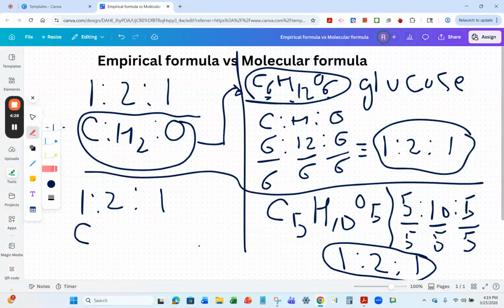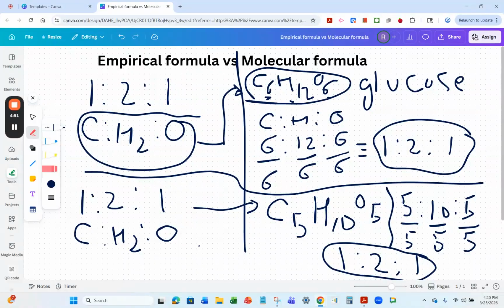And what does it mean? For this molecular formula, what will be my empirical formula? Same, CH2O. Yes, different molecular formulas can share the same empirical formula depending upon their atomic ratio, combining ratio.